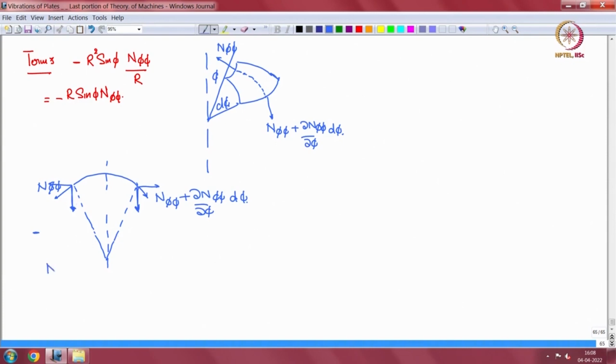So I have N phi phi multiplied by r sine theta d phi, that's for this side, and this side is augmented, but I will right away say that this is a smaller term than this, so I am going to ignore it right here, okay. So I get a doubling.